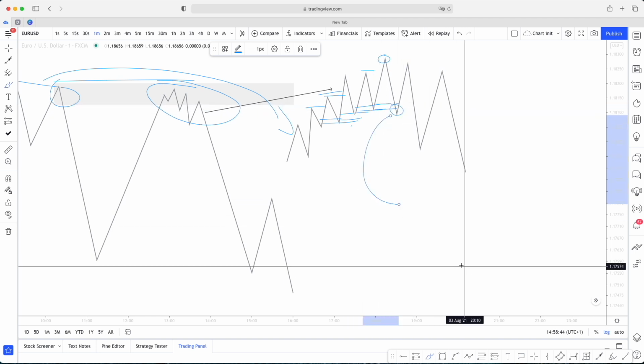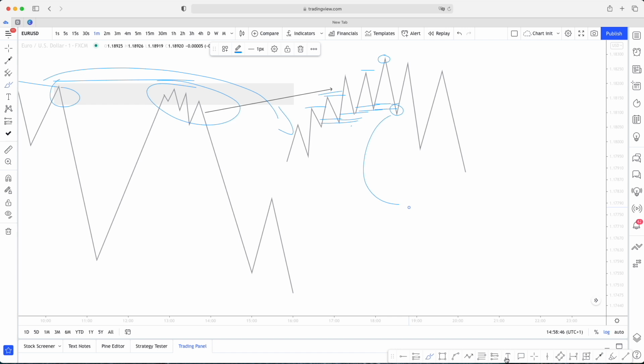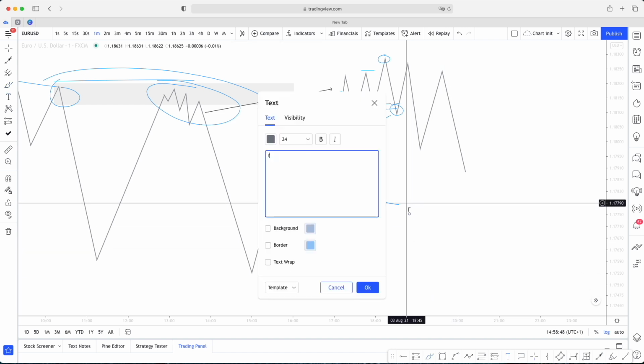This is our rule 1, which is also intent. So what does intent mean? Intent is bearish order flow intent, as well as bearish structure intent.